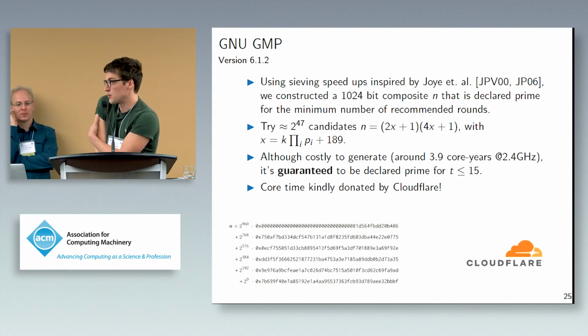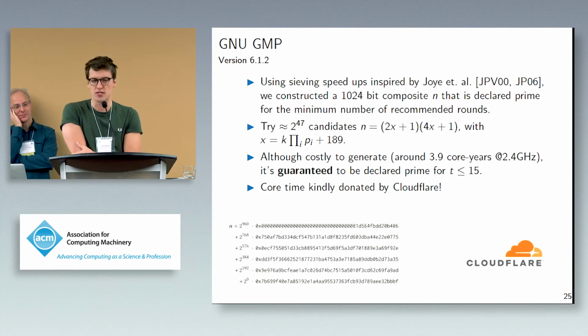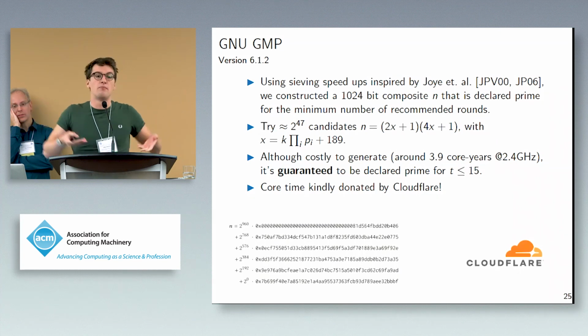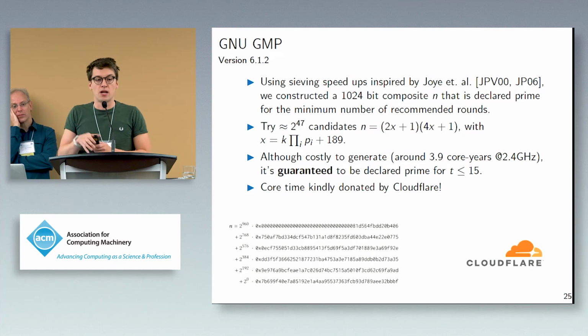So part of the inspiration comes from the literature, but also we saw in the recent Return of the Coppersmith attack papers on these RSA keys on these smart cards, right? One of the things that they were doing was this efficient prime generation. And to efficiently generate primes, you use numbers of this form, x equals k, which is like a buffer to get it to the correct bit size, and then we do a product of small primes pi, and then plus a number. So we know that this x isn't divisible by any of the small primes pi.